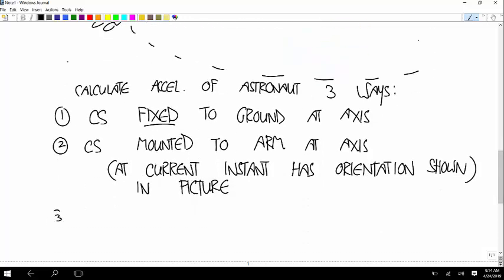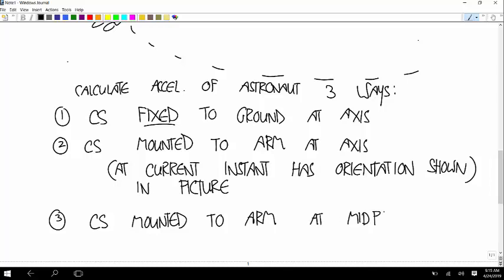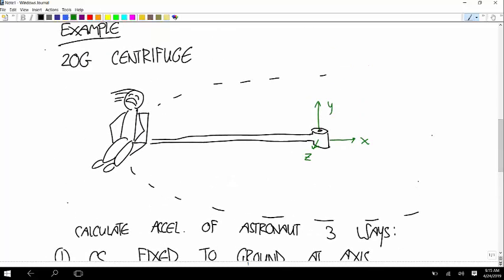And then the third one is going to be the coordinate system mounted to the arm at the midpoint. So that one is going to be here with instantaneously the same orientation.